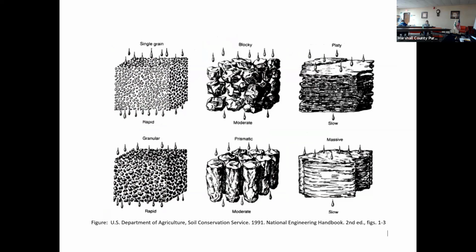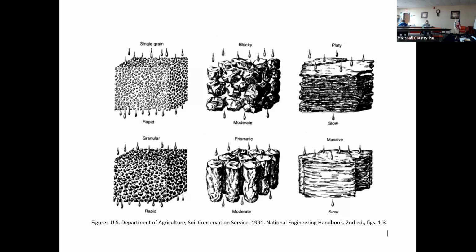So with single grains, like a sand soil that doesn't have a lot of structure, or granular structure in loam soils with good organic matter, we get good water infiltration into the soil. So when we get our 7/10 of an inch of rain that I got at my house today, the water goes in the soil and doesn't run off.